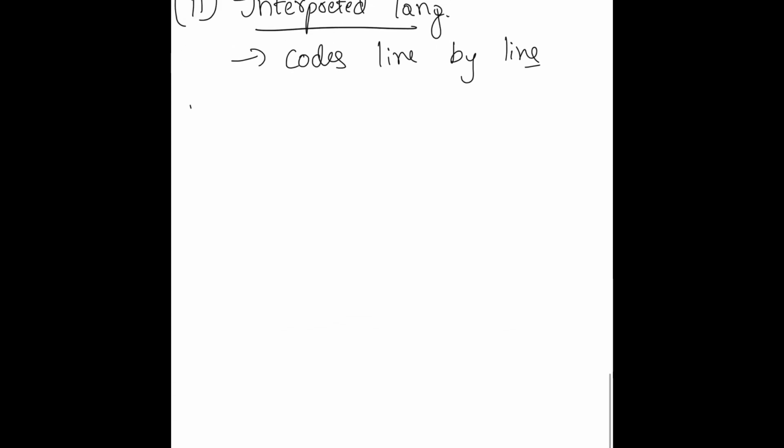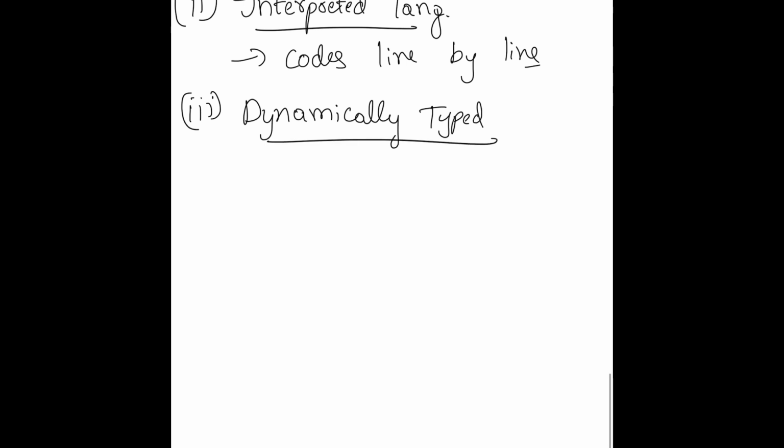It is dynamically typed. You don't need to declare any variable first. In C, C++ and Java, we need to specify the data type of the variable we are going to use, like int or float or double, long double, etc. But in Python, we don't need to specify the data type initially.